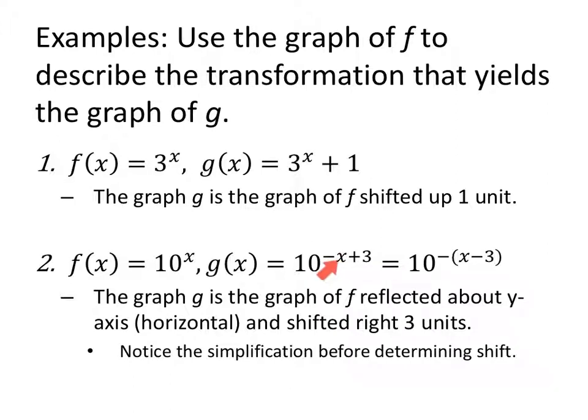Anytime there's a negative associated with the x value, it's going to be a horizontal reflection across the y-axis. And so we really need to simplify this to negative parentheses x minus 3, so that I can see I have shifted right 3 units and reflected across the y-axis. So a horizontal reflection because it's dealing with the x value.